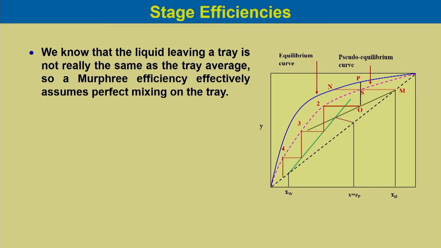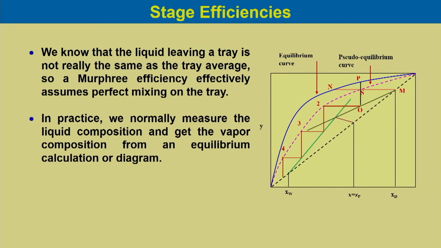So, a Murphy efficiency effectively assumes perfect mixing on that tray, because it considers the average concentration of that tray, but actually the composition varies throughout the tray, and the stream leaving is not exactly the same as the average. So, in practice we normally measure the liquid composition and get the vapor composition from an equilibrium calculation or diagram.